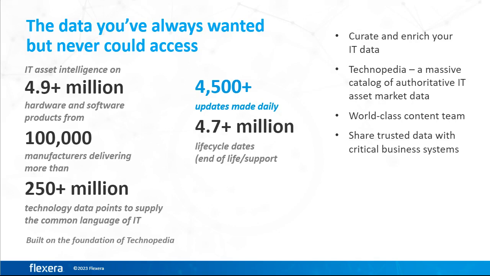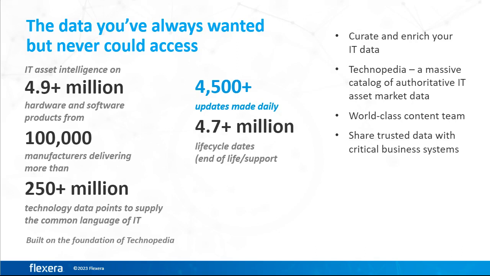So that 4.7 million, I like to tease and say that the Technopedia has more dates than a dating app, because each line item in the portfolio has when it was launched, when it was in production, when it was end of support, end of life, obsolete, and then you can no longer get support. So there's 5 or 6 dates.